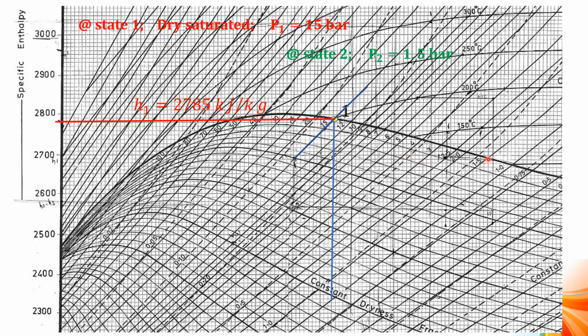See here, this is the 1.5 bar pressure line. So both the pressure line and the vertical line intersect at this point. So mark this point as 2. Now from point 2 also we have to draw a line towards the y-axis and measure the specific enthalpy of steam leaving the nozzle, H2. So H2 equal to 2385 kilojoule per kilogram.